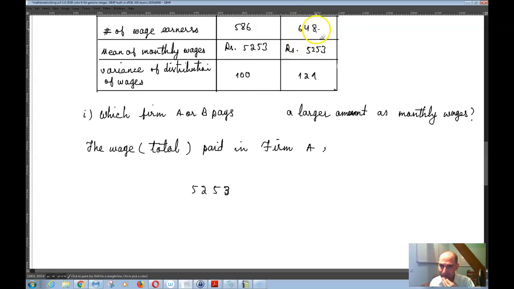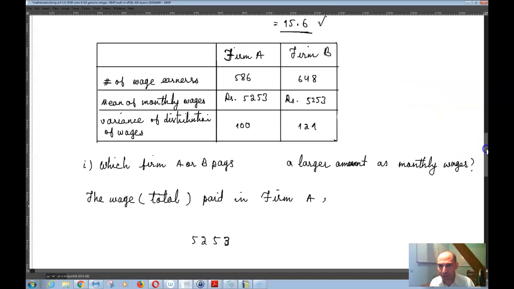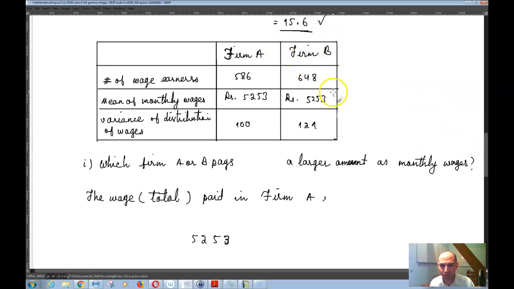And of course, since this number is larger than this number, you can say that in firm B a larger amount is being paid to wage earners, because the mean of monthly wages is the same and the number of wage earners in firm B is higher. So the answer is simply firm B. You're not supposed to calculate anything here.